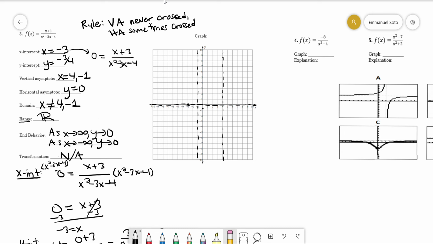So we need to plug in points. Let's plug in -2 into the original. So let's do x is equal to -2. I'm going to do an xy table here. So let's do -2, let's do -5.